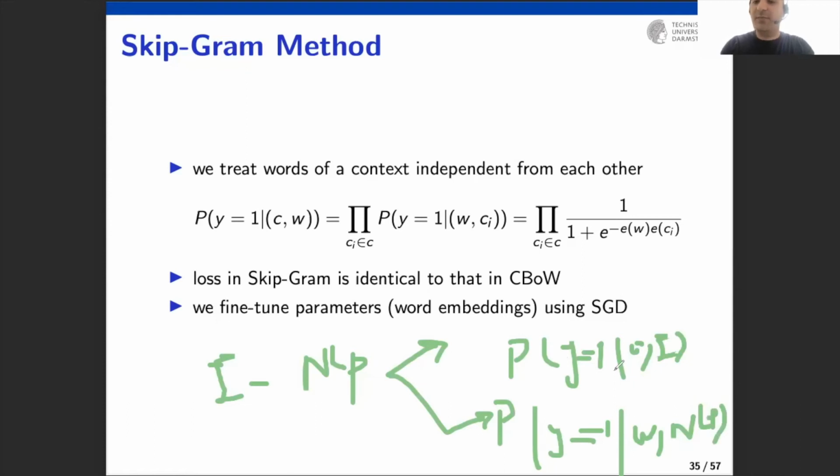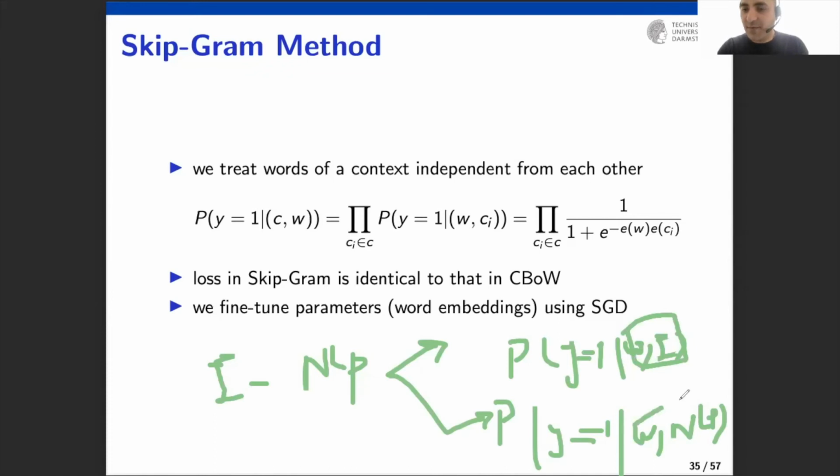So you calculate the probability of a word and a context word occurring together, no matter what else happens in the context. You only care how likely it is that word W fits to the word I in the context.